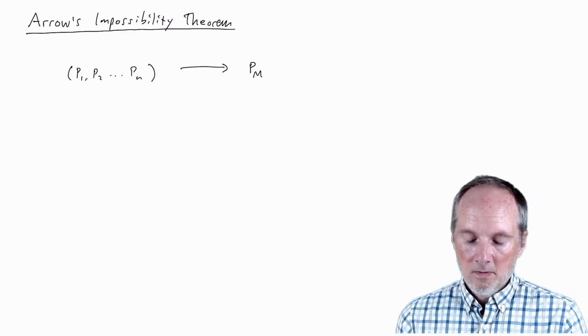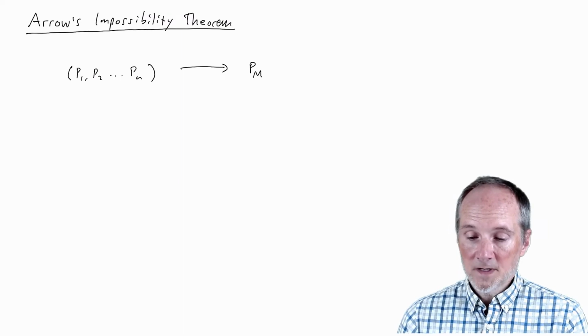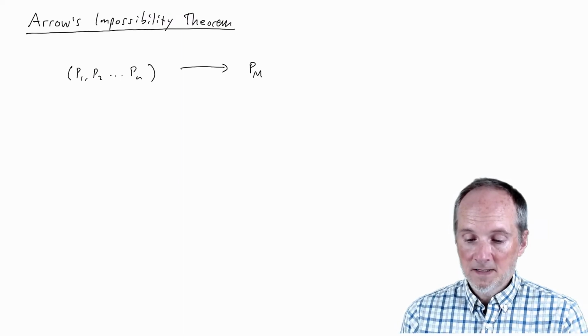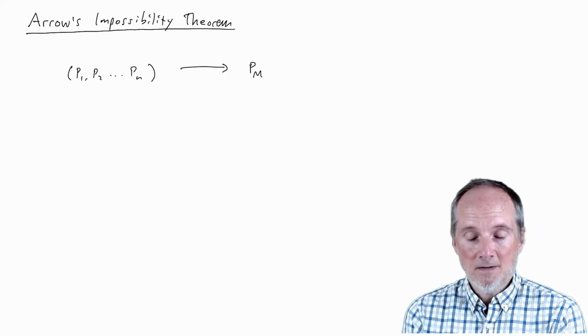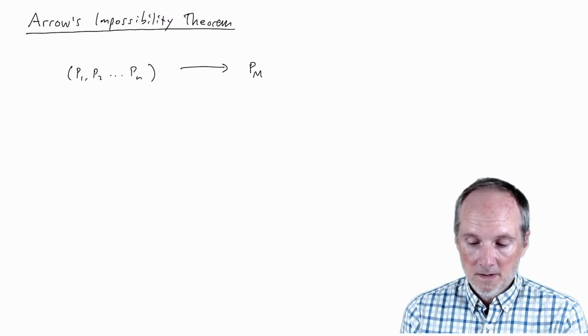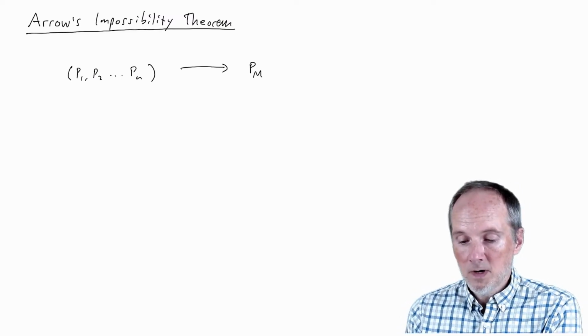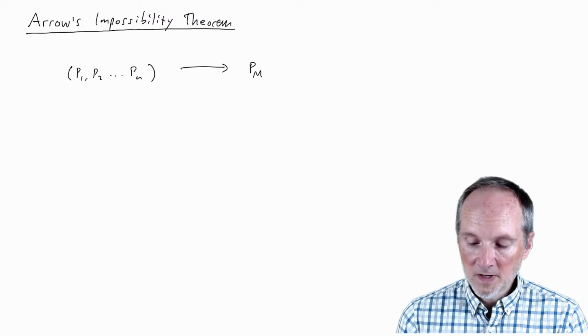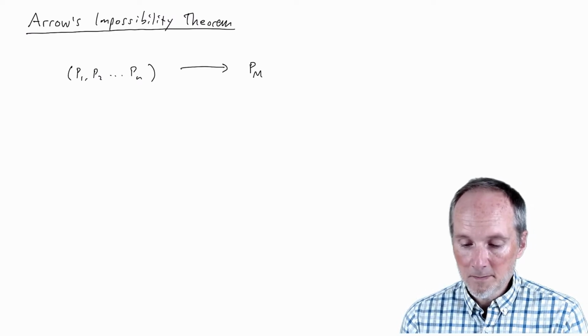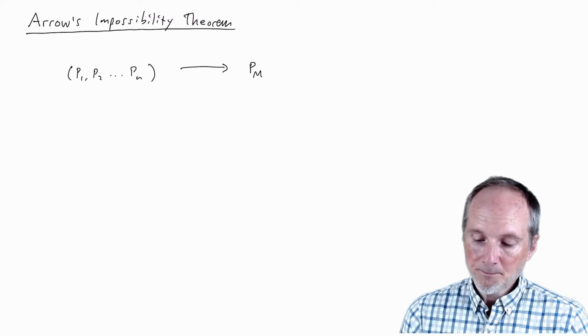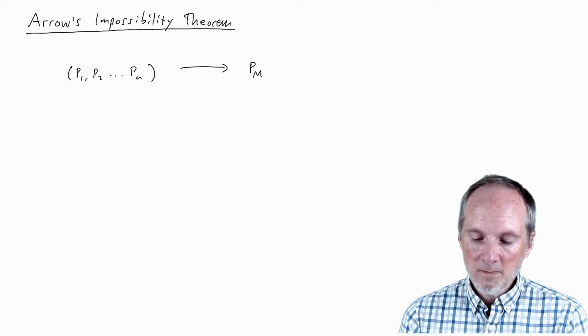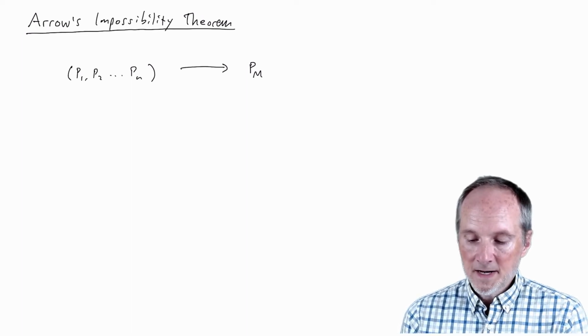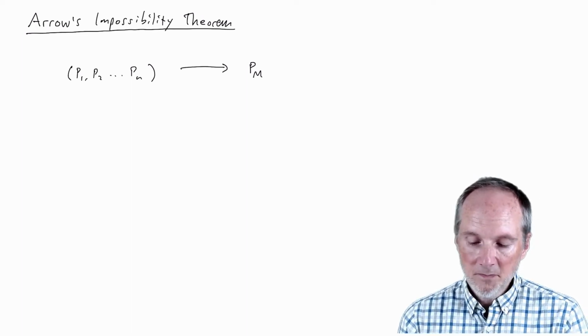Now, because that rule was stated in a general way, it didn't matter which preference profile you started with. The same rule would give you the majority preference relation for any one of them. So what I want to do is think about that as a mapping.